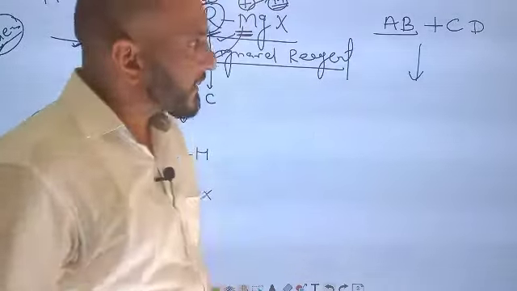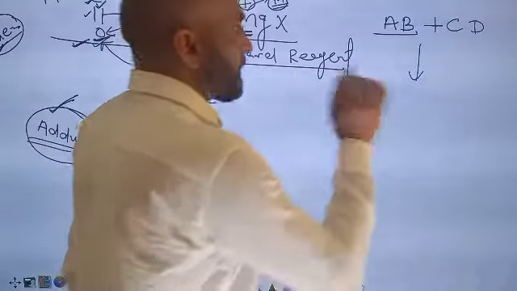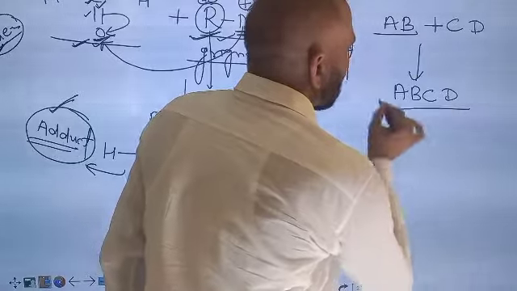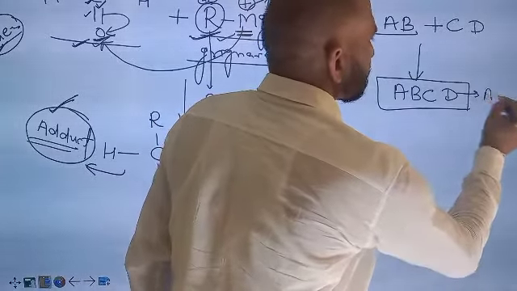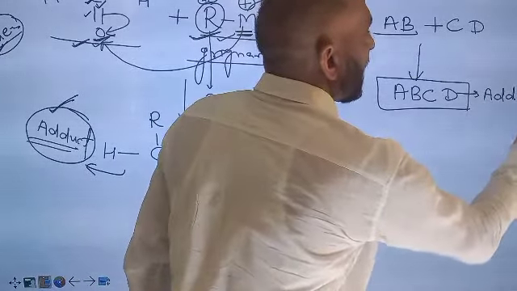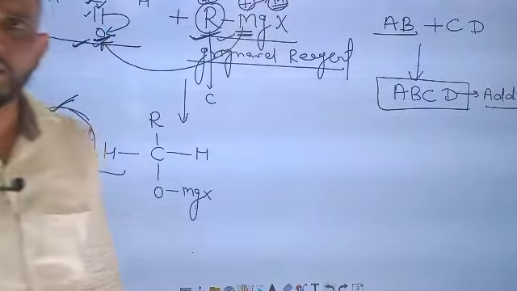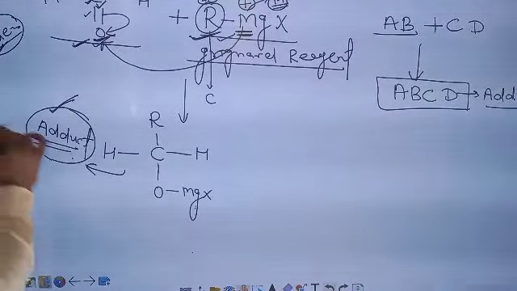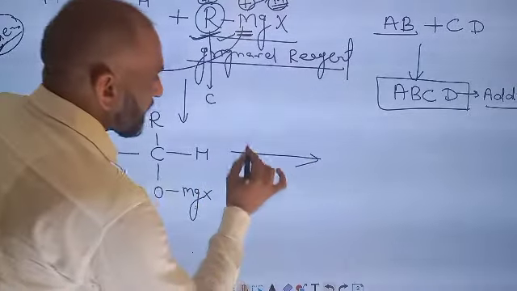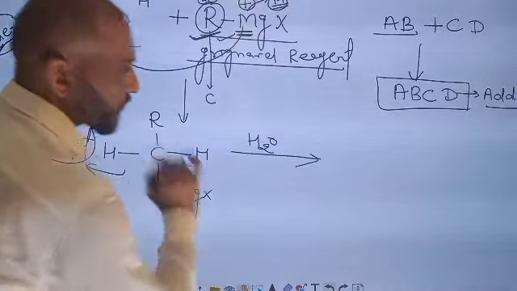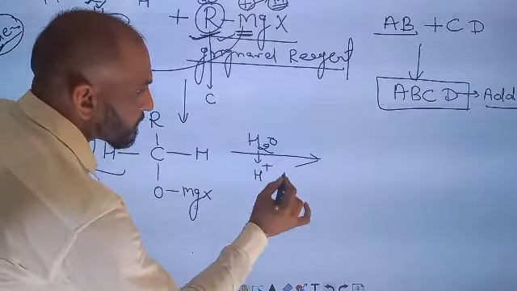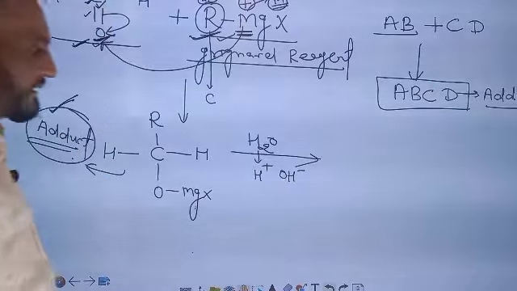If the reaction between them gives the product ABCD, then it's called an adduct product. It means an adduct has no byproduct. Now this adduct reacts with water, and the water molecule breaks down into H plus and OH minus.